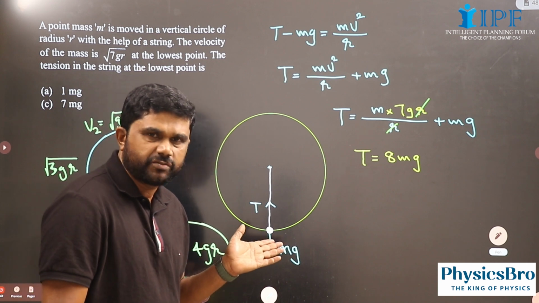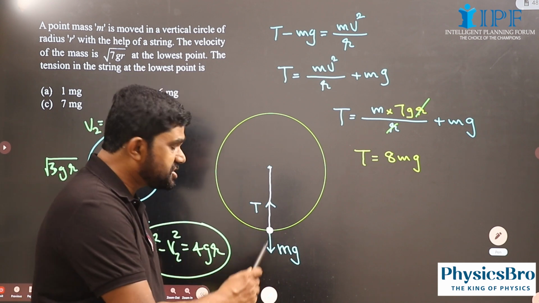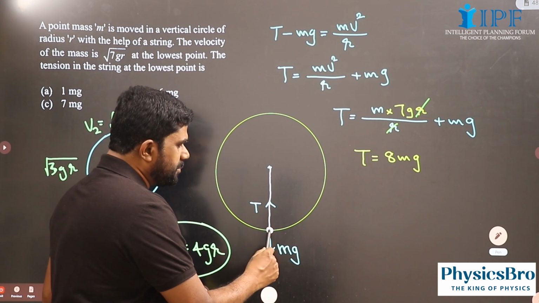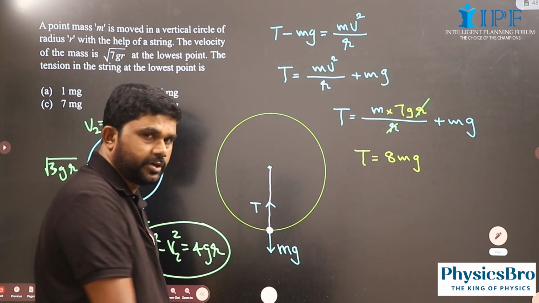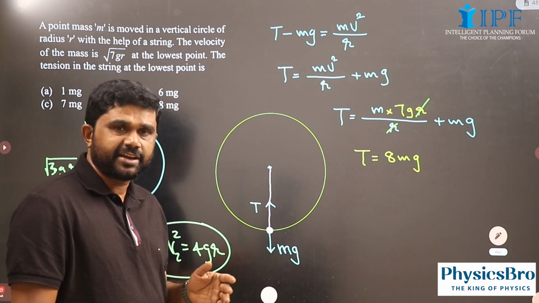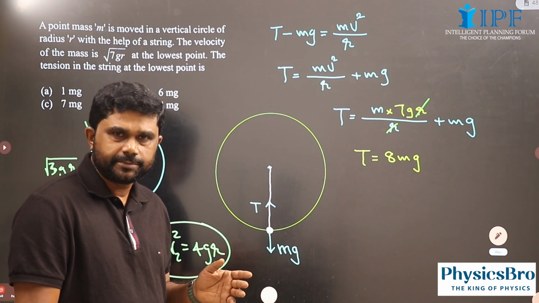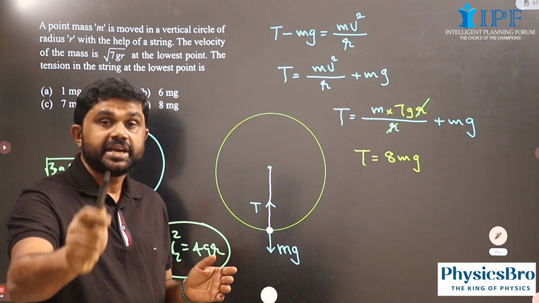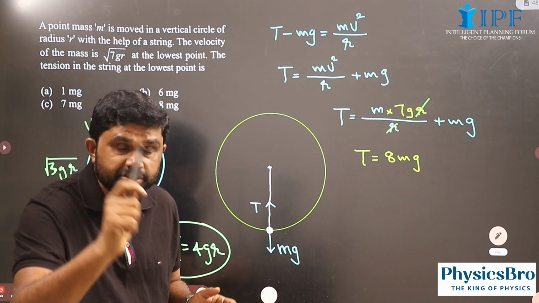When the body is at the lowest point of the circle, the tension will be along the string and away from this body, which means it must be upward. Any other force acting on the body? Definitely. The second force acting on it is the weight, mg. Whenever a body is moving in a circle, there must be a resultant force directed towards the center.